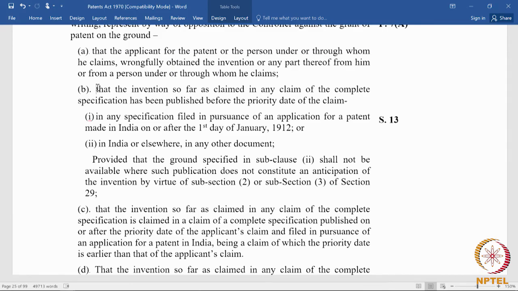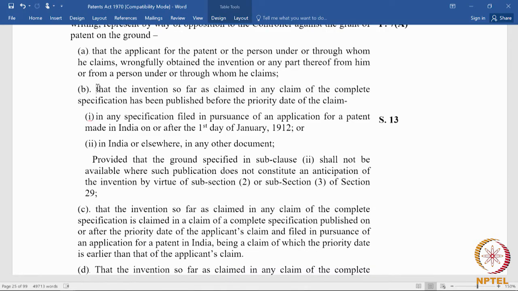because the 1970 Act repealed the 1911 Act. In section 162, we had seen that the 1970 Act repealed the 1911 Act.